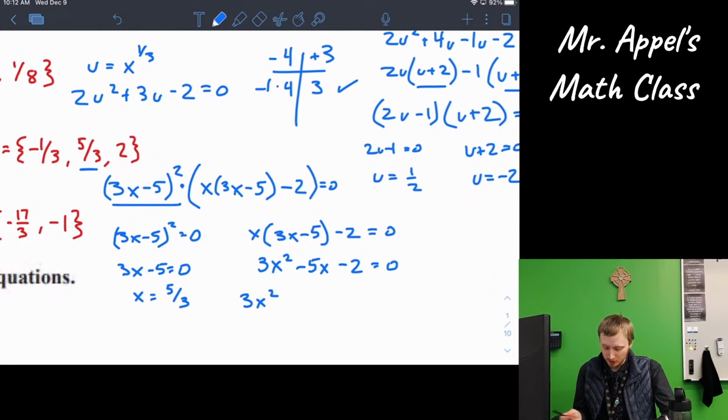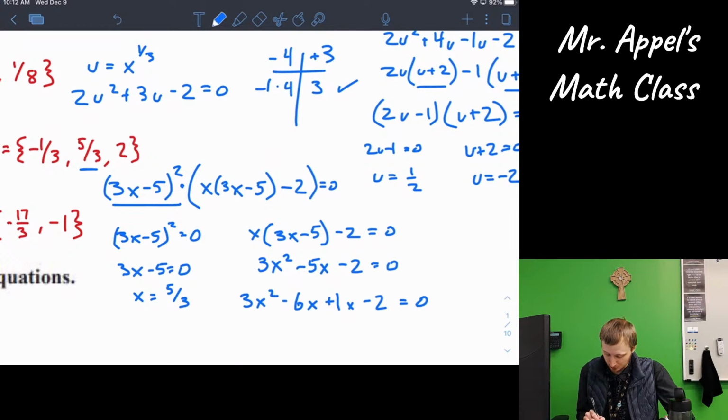Right? It's something and 1, right? 6 and 1, so let's make that plus 6x. Nope, we got to get negative 5, so the 6 has to be the negative. Minus 6x plus 1x. Minus 2 equals 0.